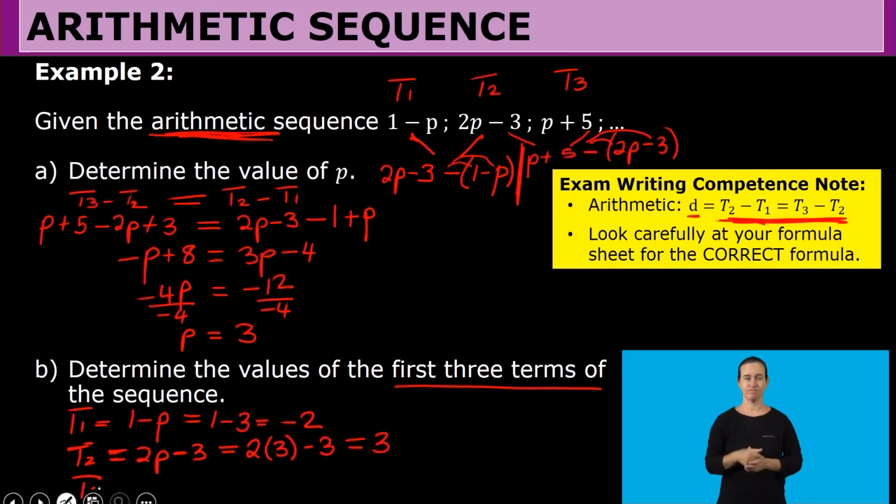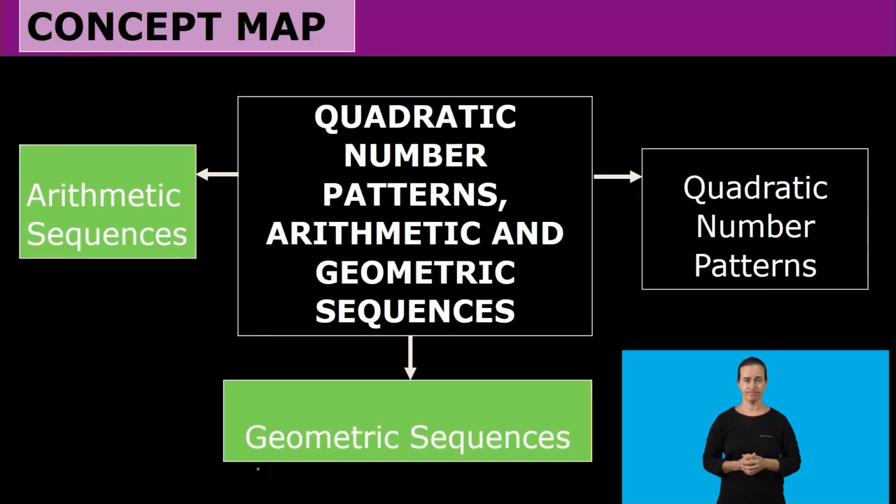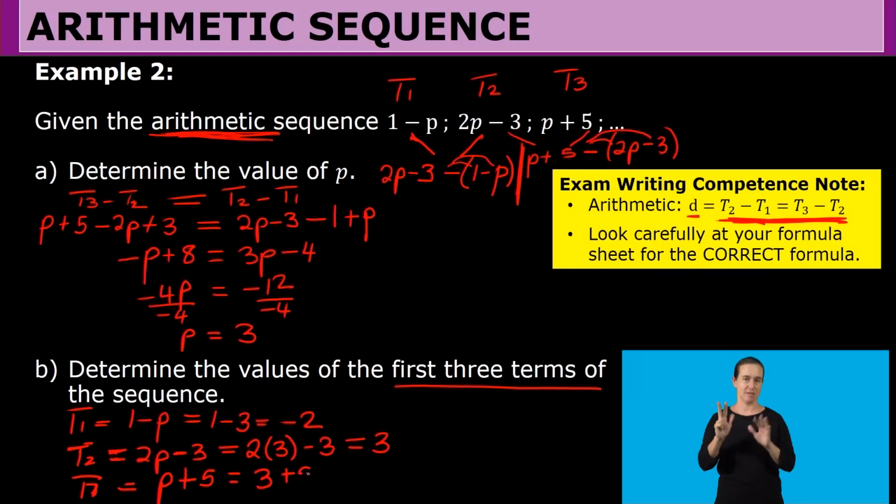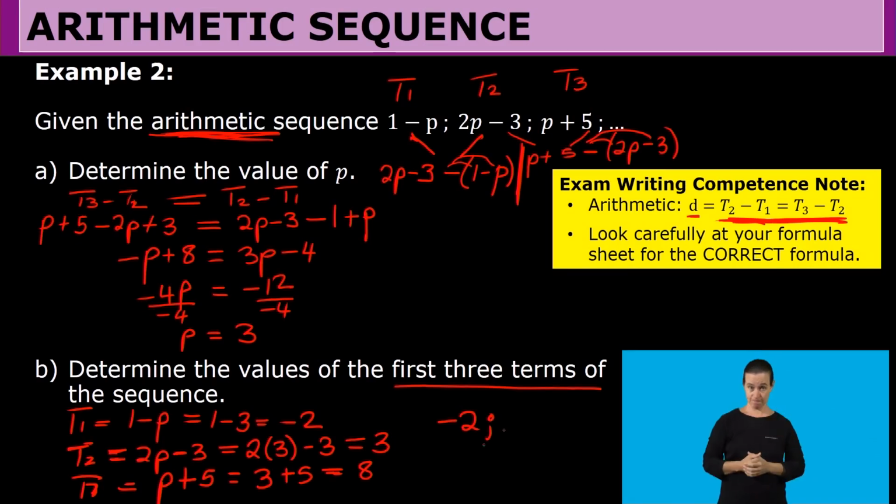And when it comes to the third term, that is p plus 5, which is 3 plus 5, giving us an 8. So the first 3 terms of this sequence are negative 2 for the first term, 3 for the second term, and 8 for the third term.